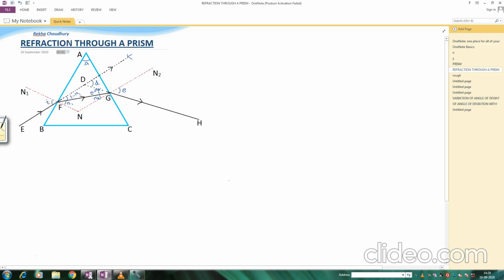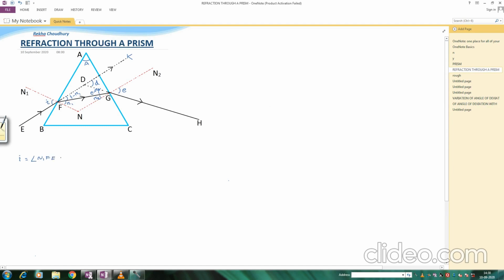So this is the same diagram. Here I is the angle of incidence, that is N1FE.